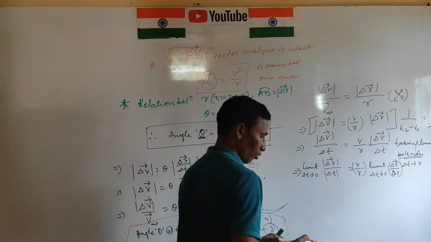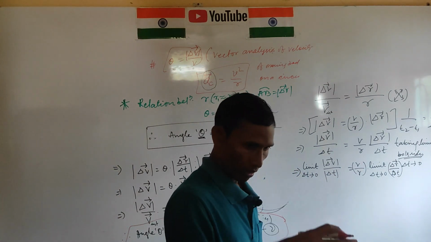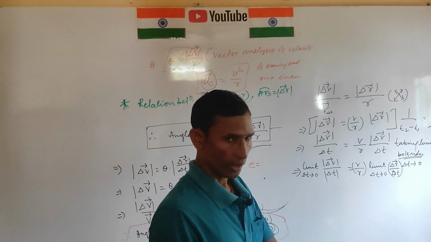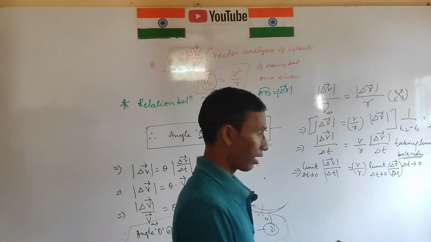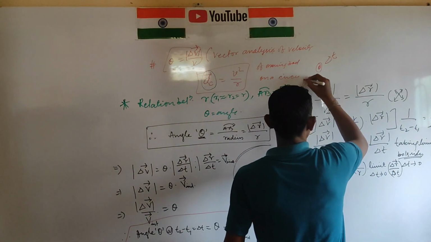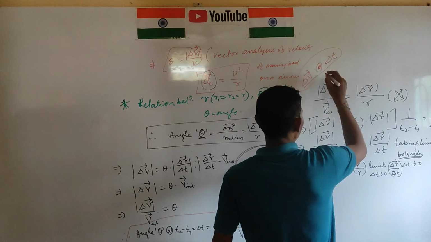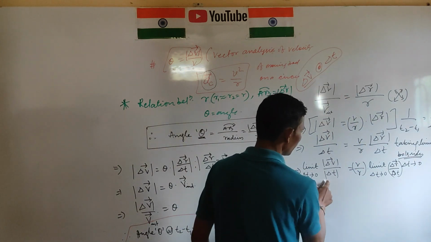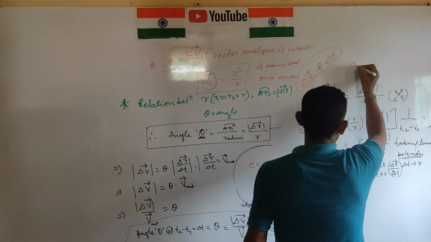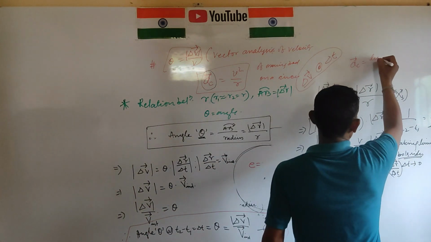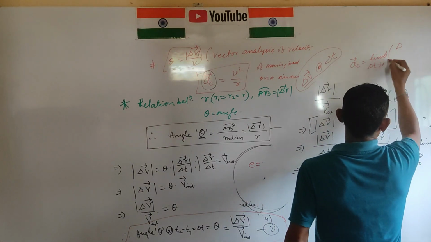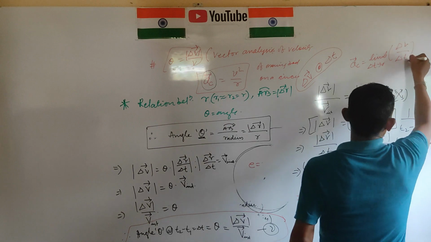When the body is moving in a circular path, the instantaneous velocity is related to the instantaneous time. This is called the average acceleration. Acceleration is the limit as delta t tends to 0 of delta v by delta t.